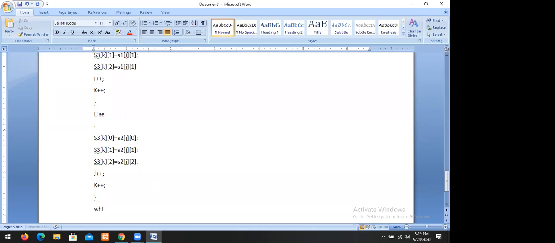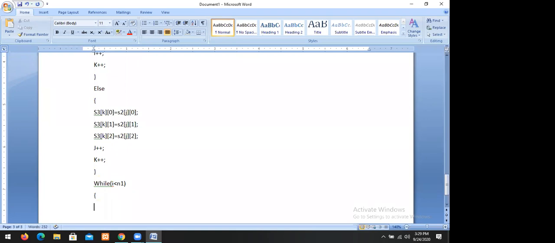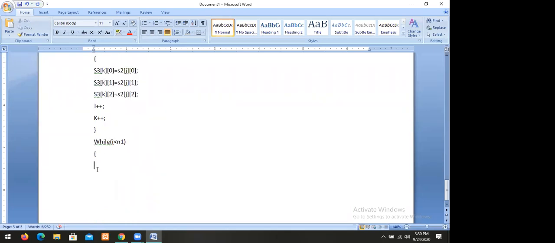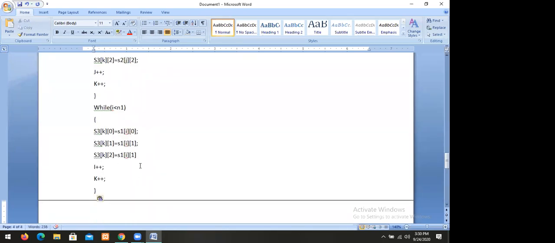So while i less than n1, the first matrix has some terms, then copy the terms of the first matrix into the result.